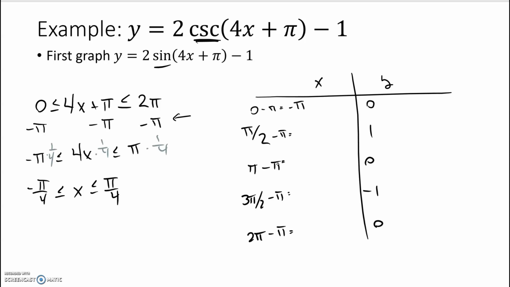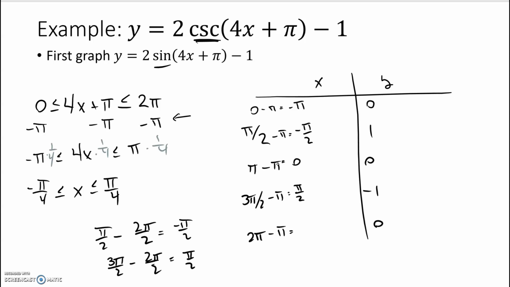I get negative pi here. Pi over 2 minus 2 pi over 2. Remember, that's a form of 1. That's going to be pi minus 2 pi, negative pi over 2. So negative pi over 2. This will be 0. 3 pi over 2 minus 2 pi over 2 will be pi over 2. And this will be pi.